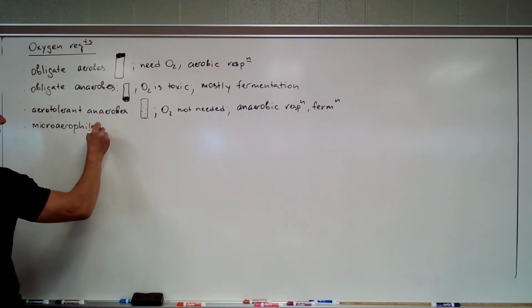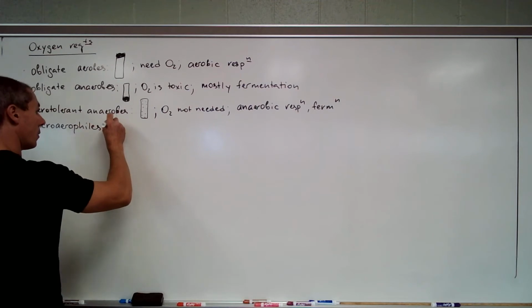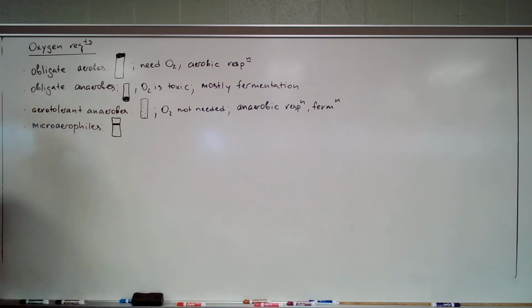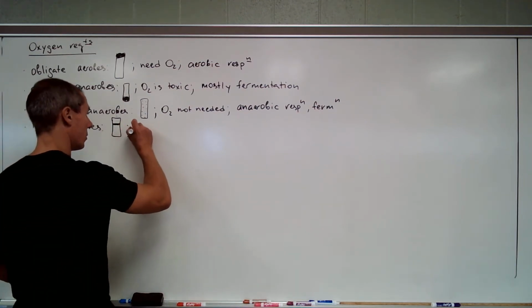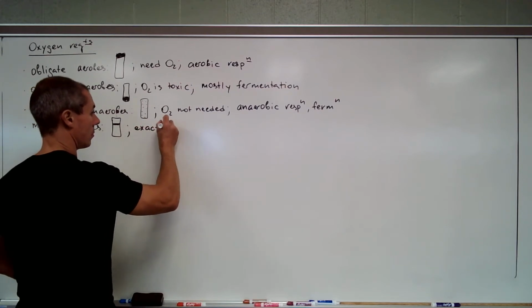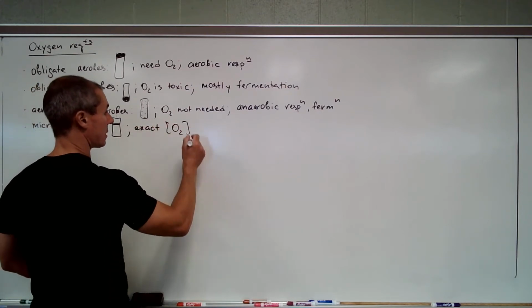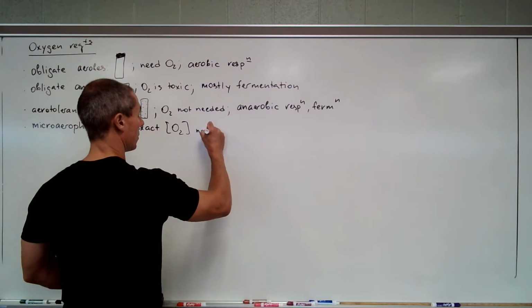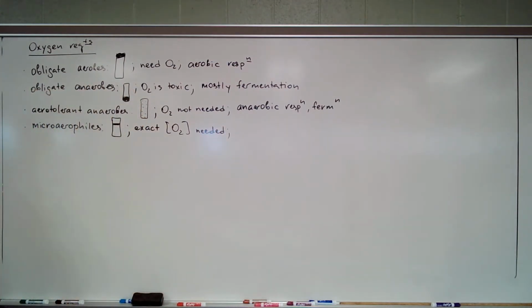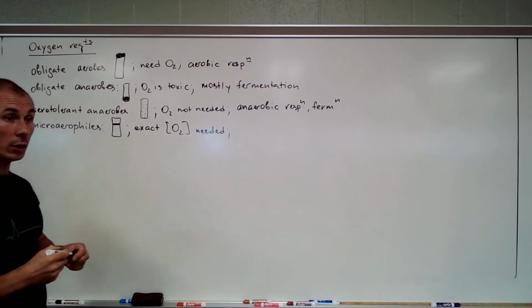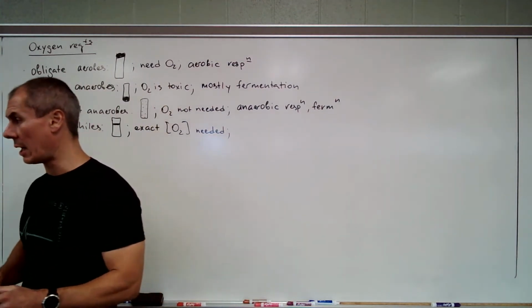Microaerophiles. They grow at the very exact concentration of oxygen. So an exact oxygen concentration is needed. Does that make sense? Usually it's pretty low, like 1% oxygen.